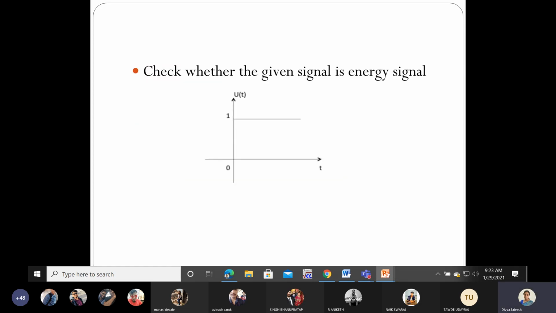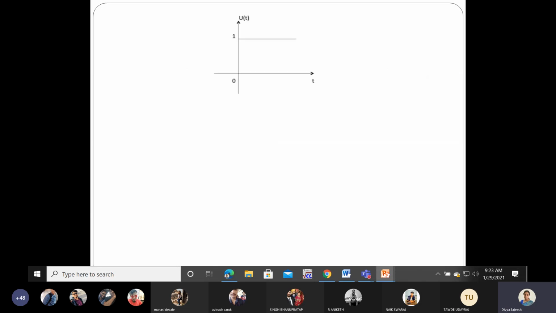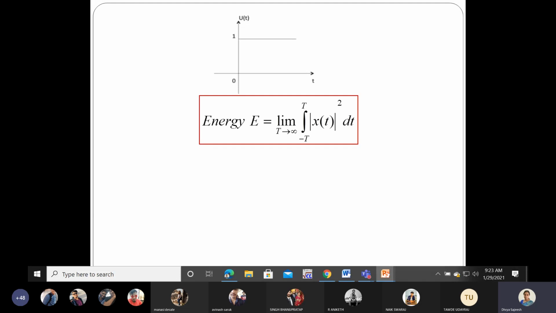Now let us take an example to see how to identify whether the signal contains energy or power. This is a unit step signal. Let us apply the formula: energy equals limit T tends to infinity, integral from minus T to T of x(t) squared dt.